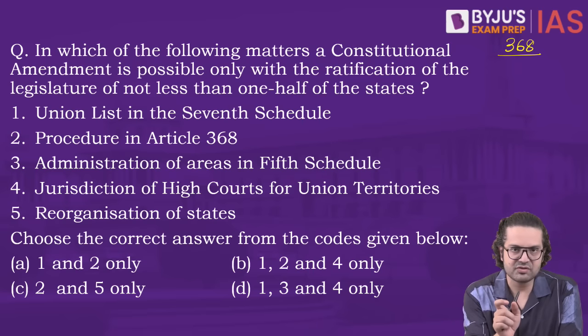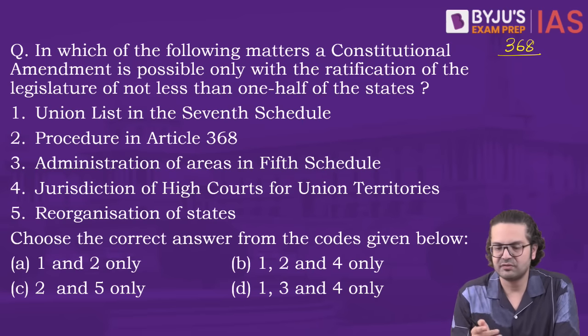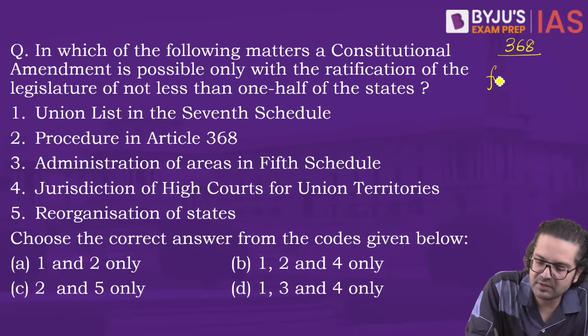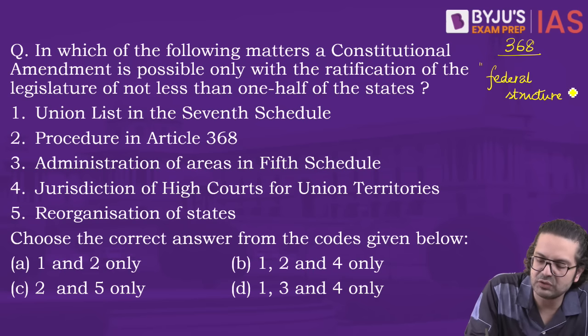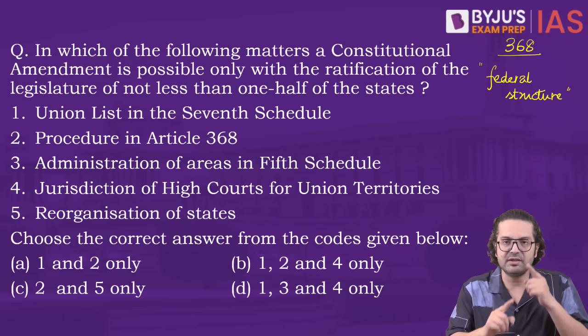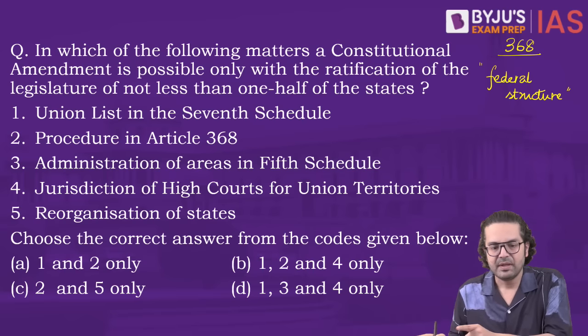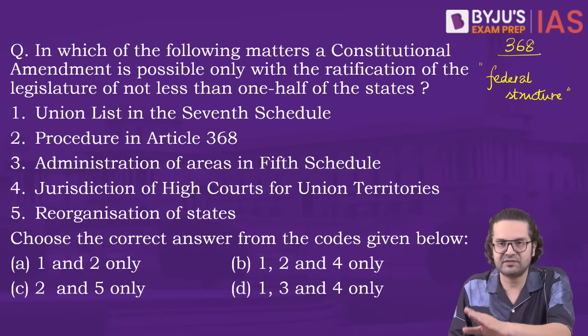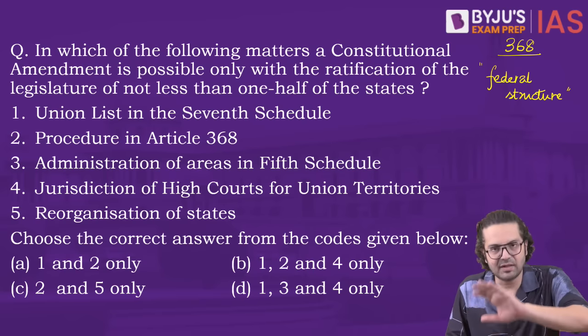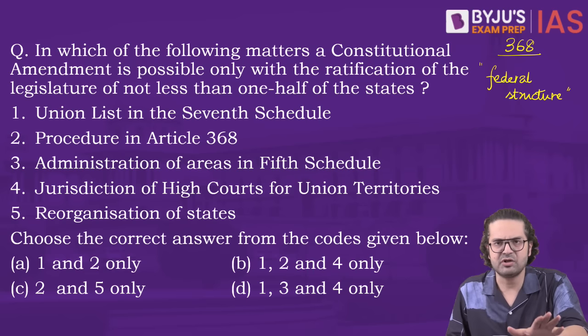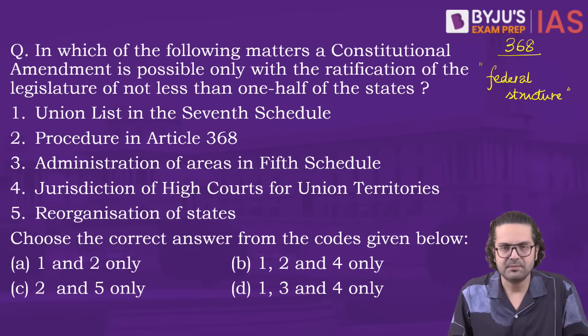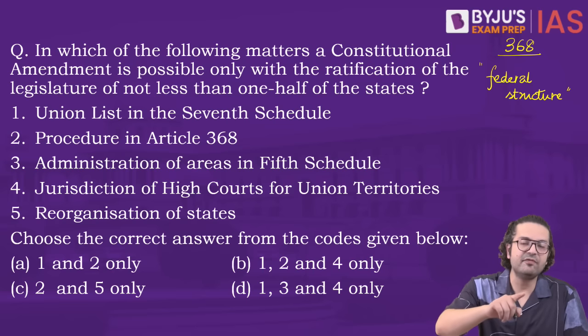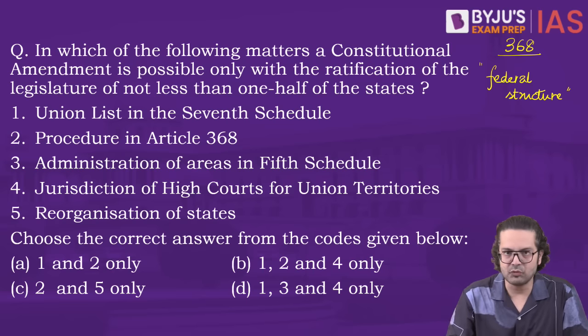However, there are certain provisions, supposedly the federal features, part of what we would call the federal structure of our country. If you want to modify those provisions, then you have to send the bill to the concerned states as well. And the moment at least half of the states approve with a simple majority, the modification has been made. And there is no time frame set within which the states have to approve it.